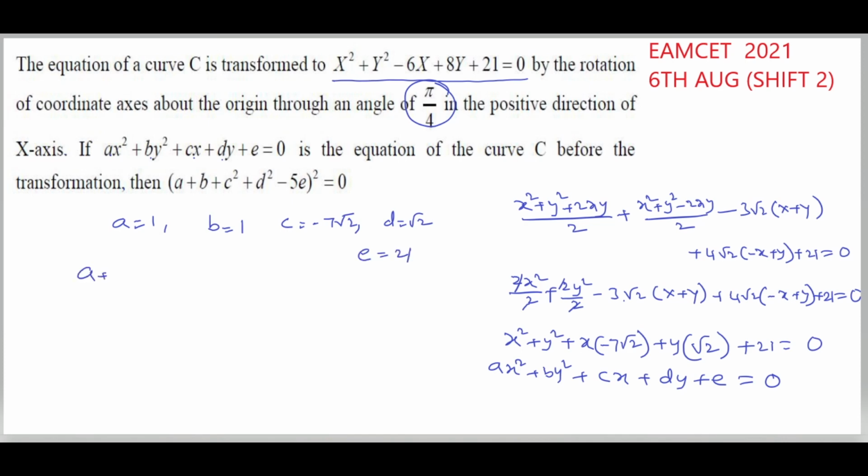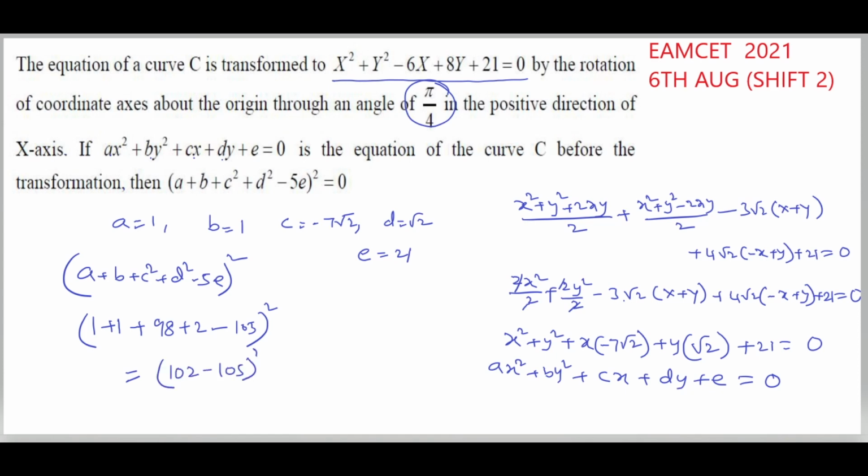Substituting in a plus b plus c square plus d square minus 5e, whole square: 1 plus 1 plus c square, 49 into 2, that is 98, plus d square, 2, minus 5e, 5 into 21, that is 105, whole square. That is 98 plus 2, 102, minus 105, whole square, that is minus 3 whole square, which is equal to 9.